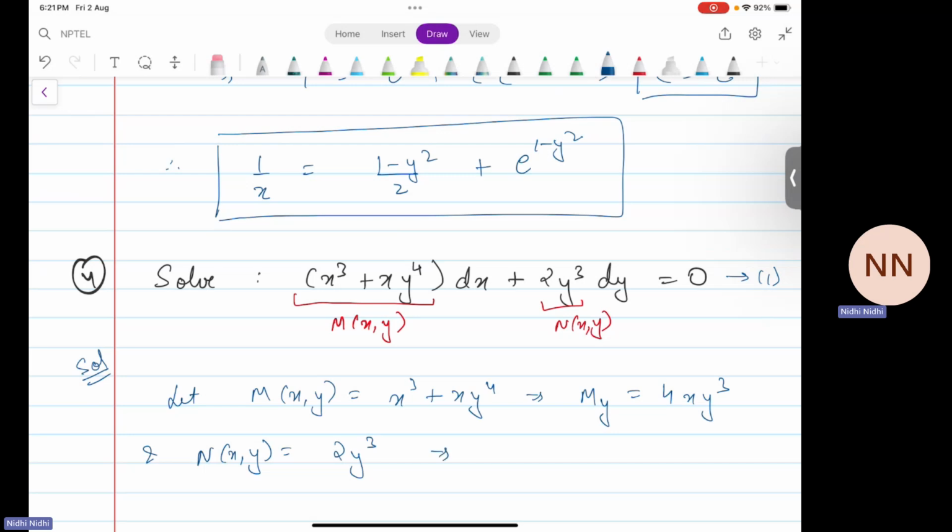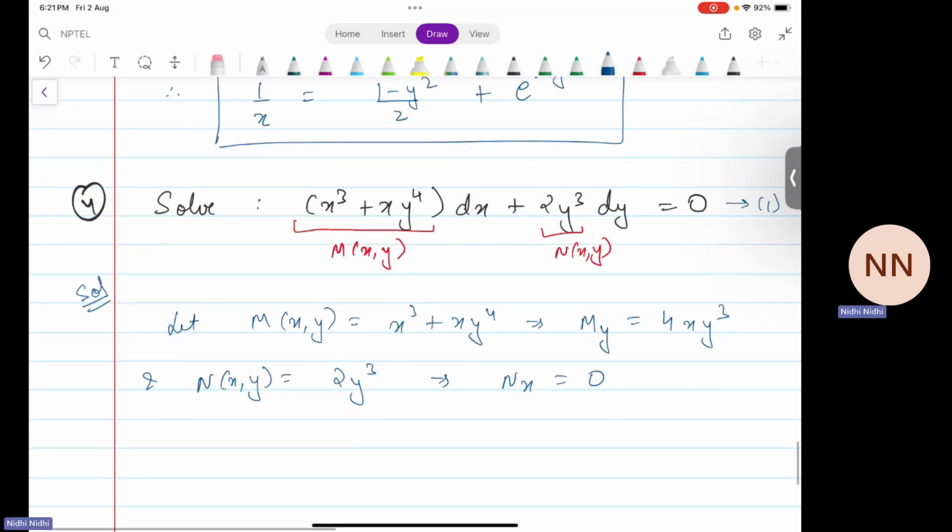This gives us the partial derivative of N with respect to x is equal to 0. Clearly, this is not an exact equation. Therefore, M_y is not equal to N_x implies it is not an exact equation.